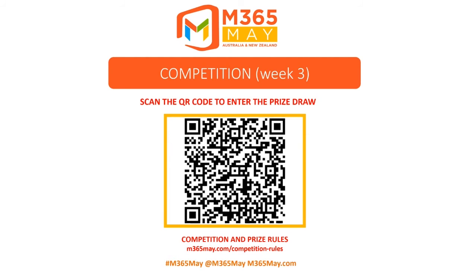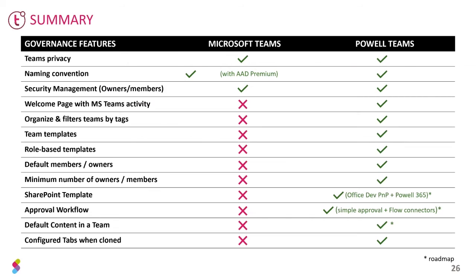So very quick summary in terms of the gaps basically that Powell Teams is filling in regards to governance on teams. First of all, I think one feature that we provide here is really this welcome dashboard with the recent activities within the teams directly for the end user, the ability to organize and filter teams through tags, which is very important.